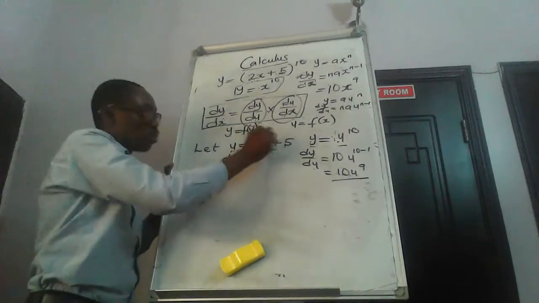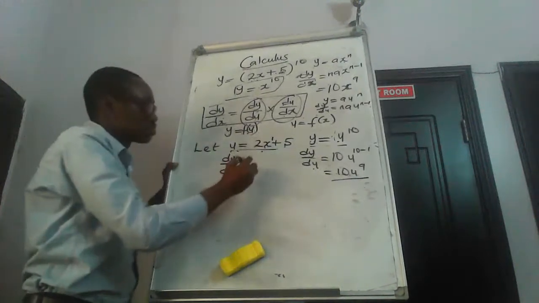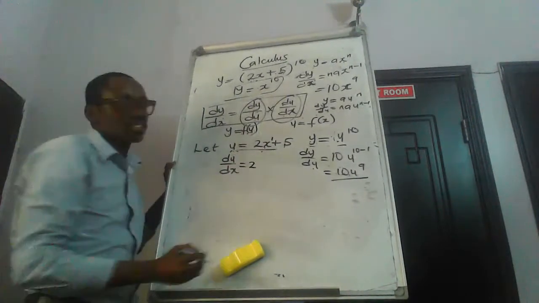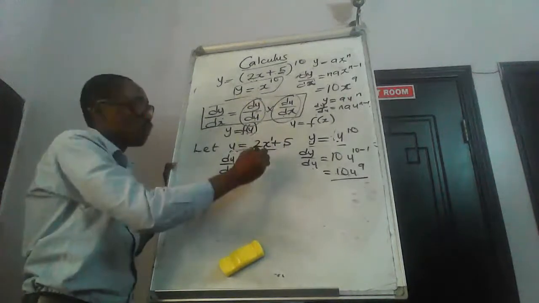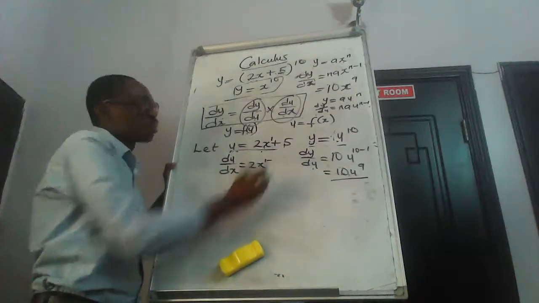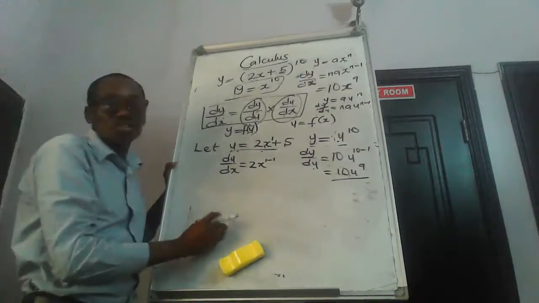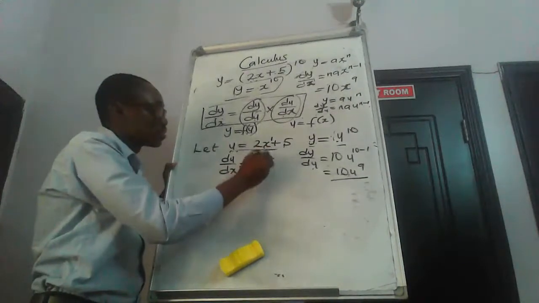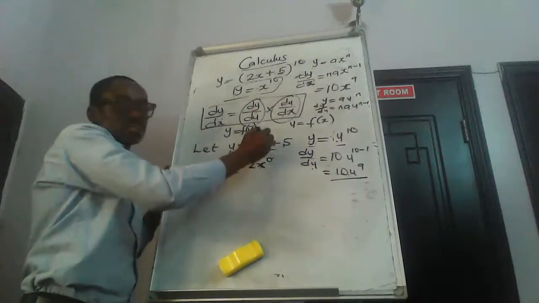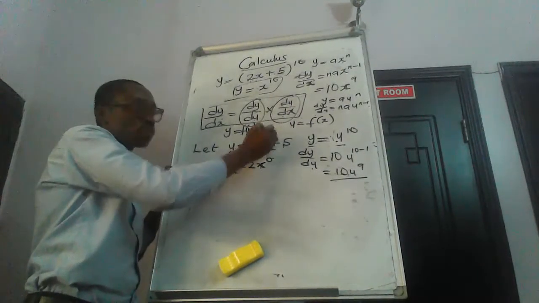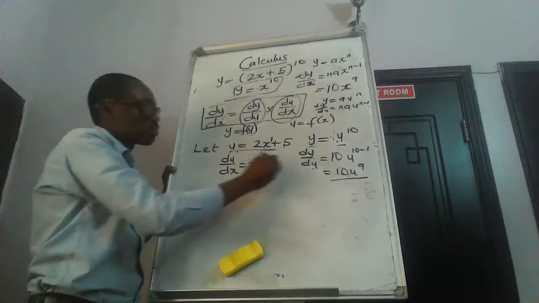So this is going to be 1 times 2, which is 2. Then you have x raised to power 1 minus 1, which is actually 0. So you have x raised to power 0 here. The power of x is going to decrease by 1. So 1 minus 1 is actually 0.